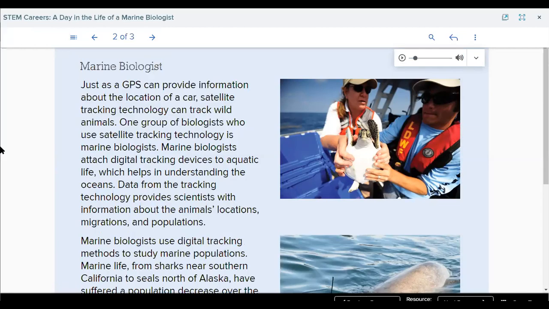GPS Wow. can provide information And about the location Ramadan of a Kareem, car, inshallah, and happy satellite, Ramadan for you all. satellite tracking technology can You track enjoyed wild Ramadan, animals. class? One group of biologists who use satellite tracking technology is Ridwan, marine who are you? biologists. Marine biologists attach digital Ibrahim tracking Nasser. devices Ibrahim to Nasser, are you aquatic okay? life, which helps in Good job, Ibrahim understanding Nasser, the as oceans. usual.